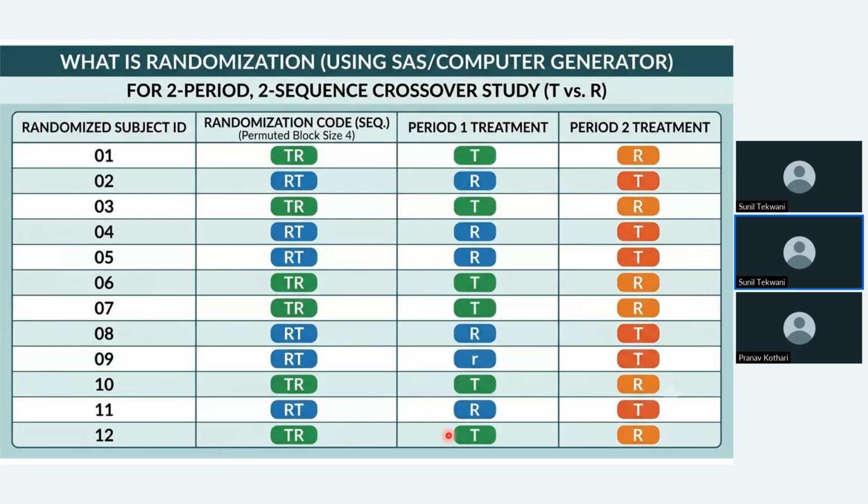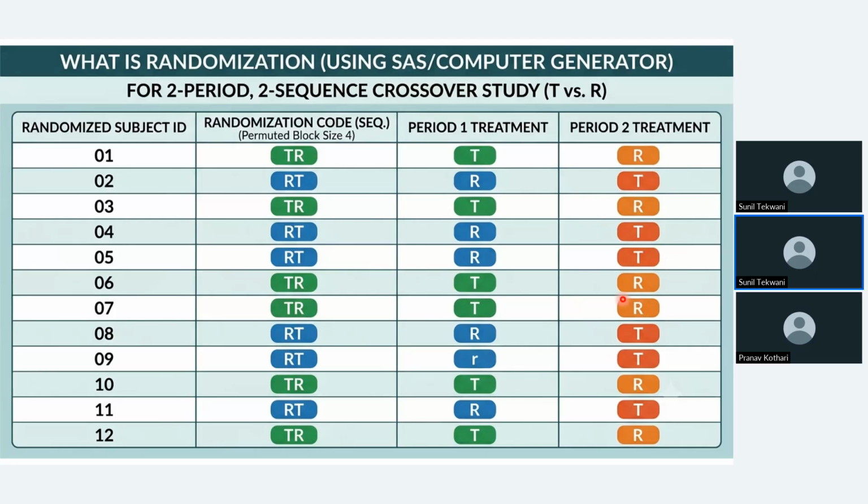No. In the same study, two treatments have to be given, test and reference both. That's why the definition says two treatment. So I hope now you are aware about what is two period, two treatment, crossover study.